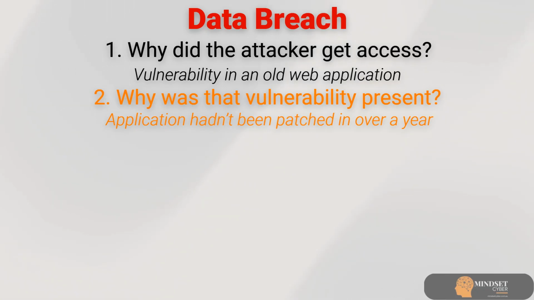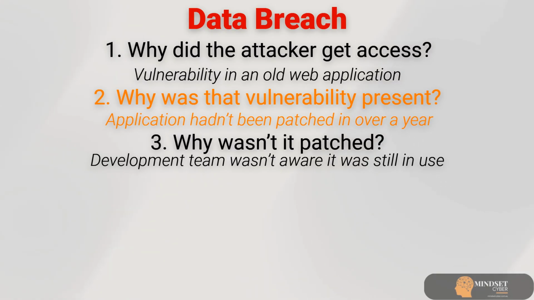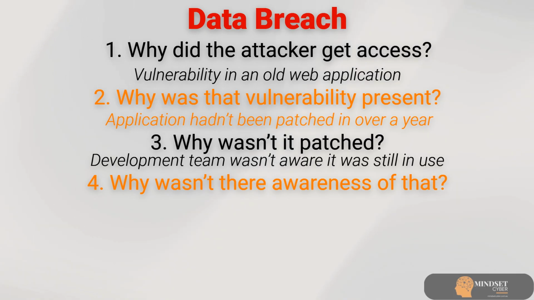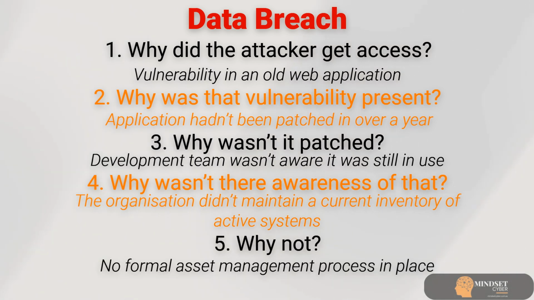Because the application hadn't been patched in over a year. Why wasn't it patched? Because the development team wasn't aware that it was still in use and assumed it had been retired. Why wasn't there awareness of that? Because the organisation doesn't maintain a current inventory of active systems. Why not? Because there's no formal asset management process in place.